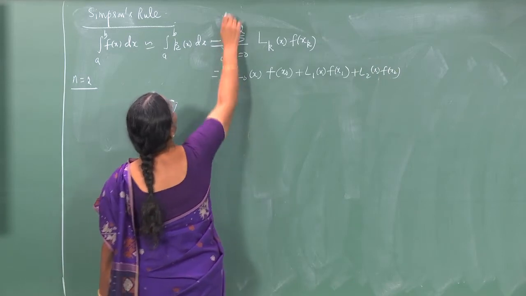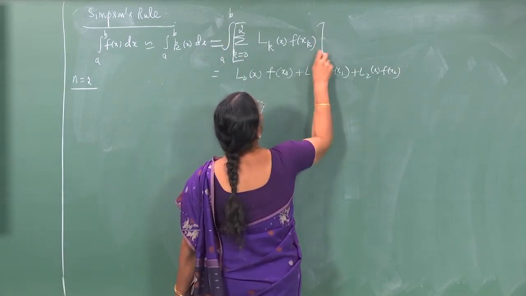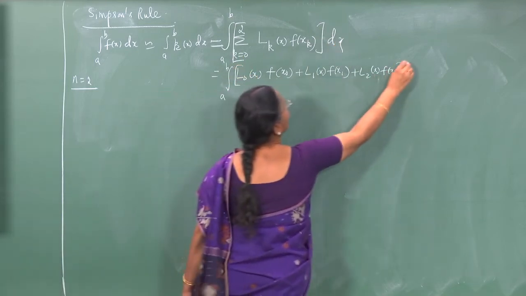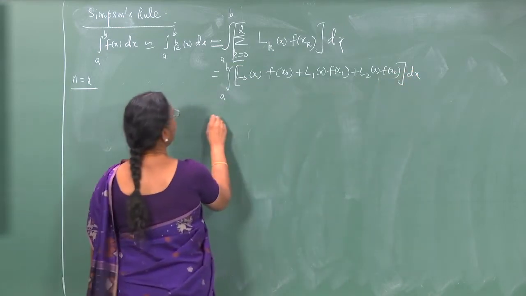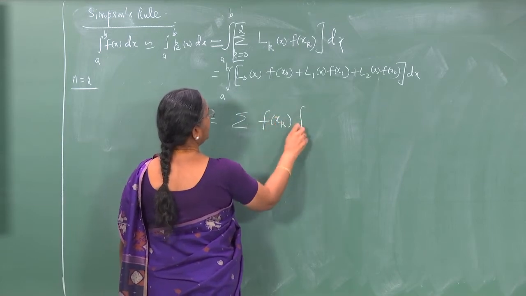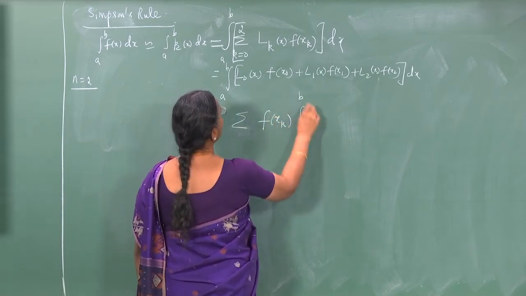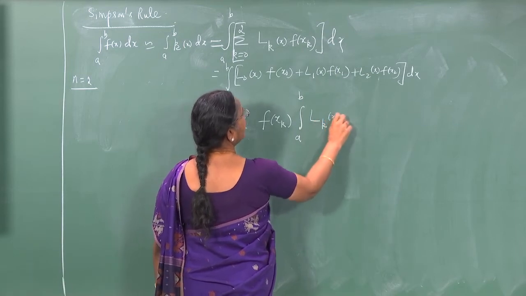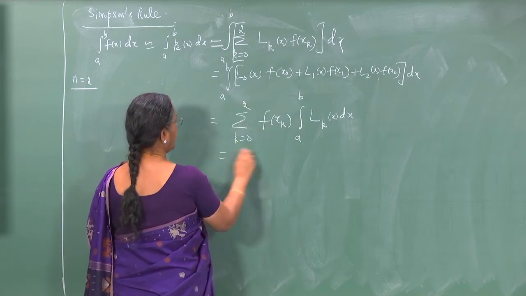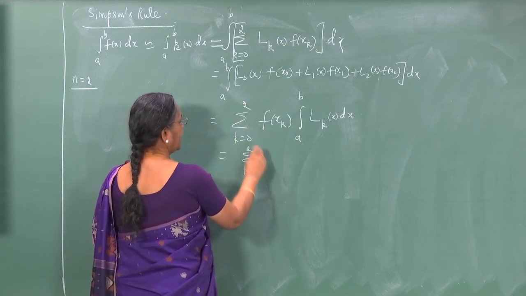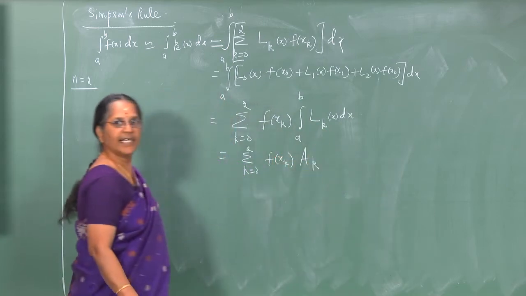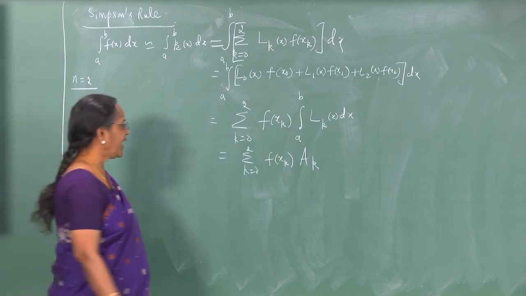I have to integrate this with respect to x, which will give me sigma f of xk into integral a to b Lk of x dx, for k equal to 0 to 2. I shall call this integral of Lk of x dx to be ak.